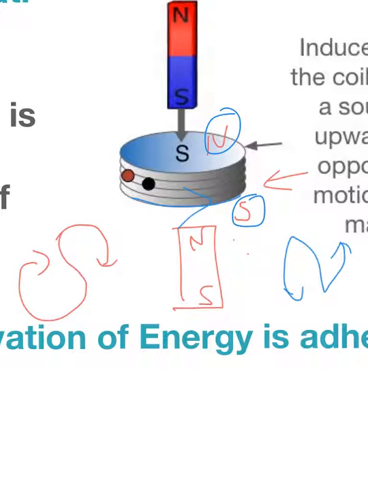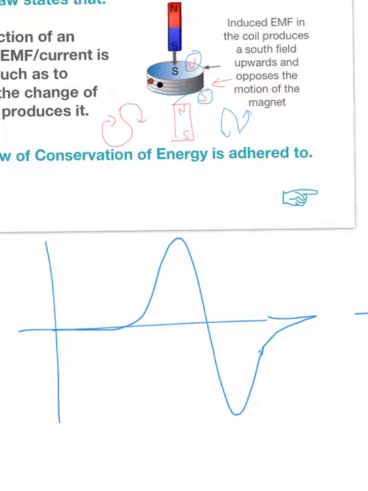Now what does that look like on the graph? Okay, so we have this increasing EMF in the positive sense. So basically the current is flowing in this direction to create that south pole here, and then as it reaches the midpoint, it would flip over.